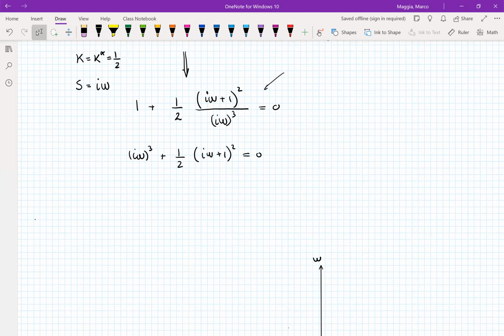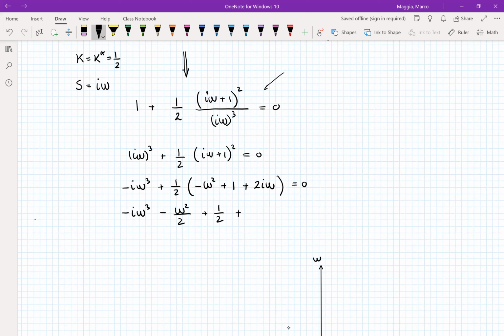So (i omega) cubed is equal to minus i omega cubed. Then we have plus 1/2 times (i omega plus 1) squared, where (i omega) squared is minus omega squared, so minus omega squared plus 1 plus 2i omega equals 0. So we have minus i omega cubed minus omega squared over 2 plus 1/2 plus i omega equals 0.